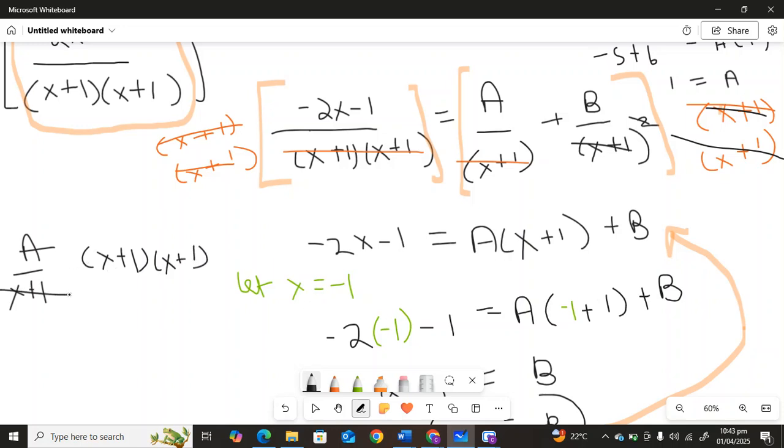This x plus 1 cancels one of these. So you remain with a times x plus 1.